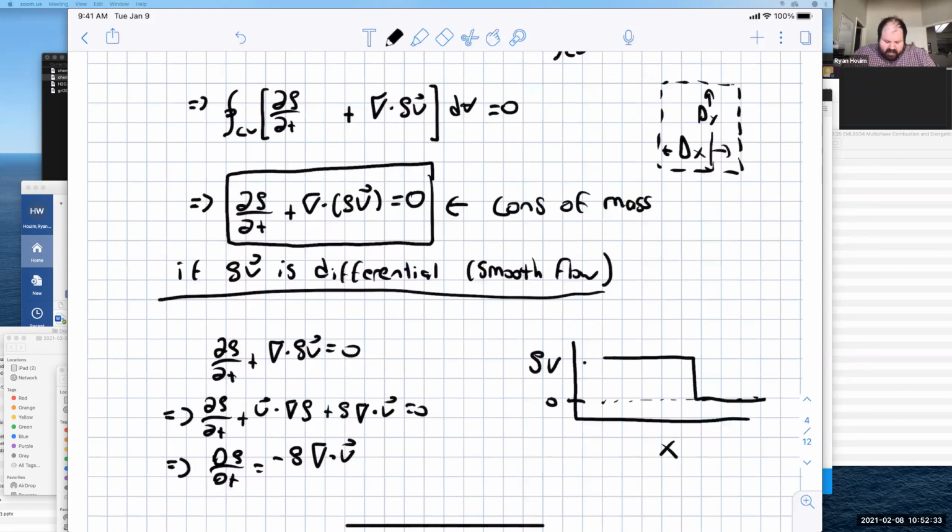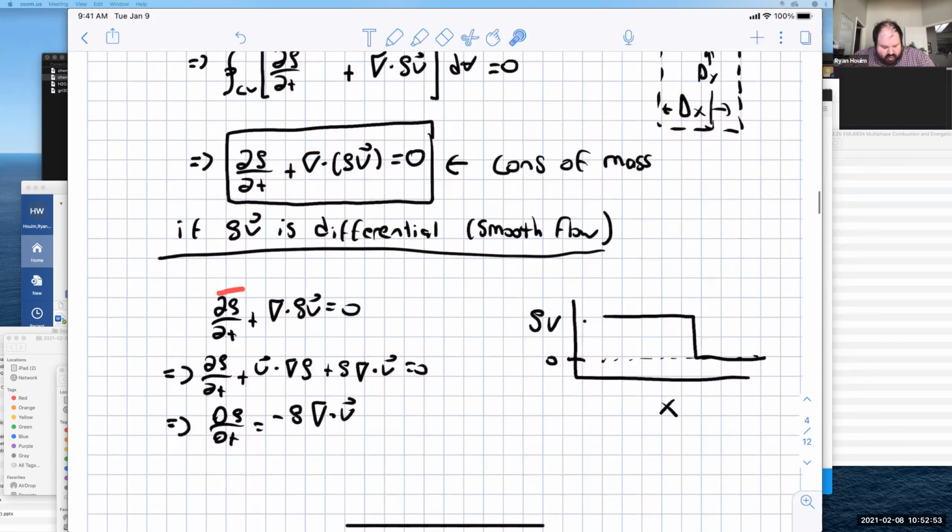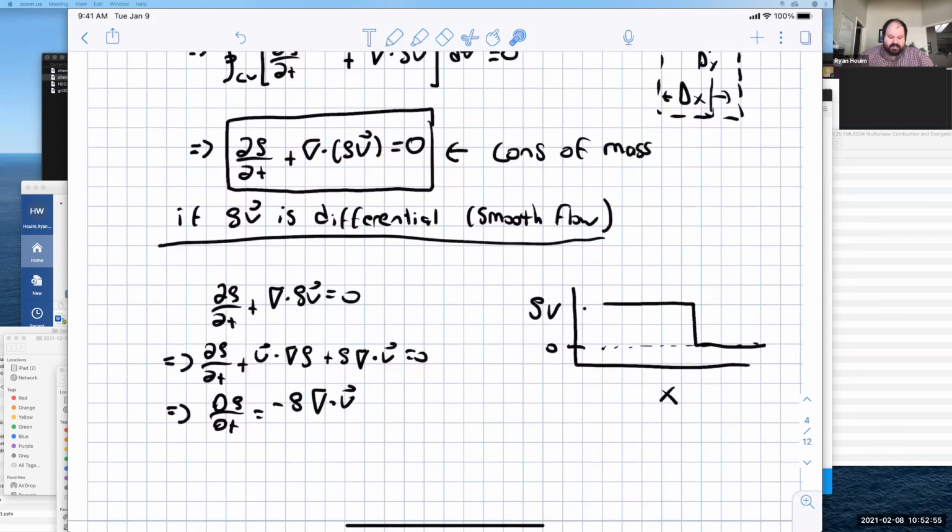A common trick in most of your fluid mechanics and heat transfer classes is to apply the divergence version of the product rule on this term, and you would expand that into v dot grad rho plus rho times the divergence of the velocity.